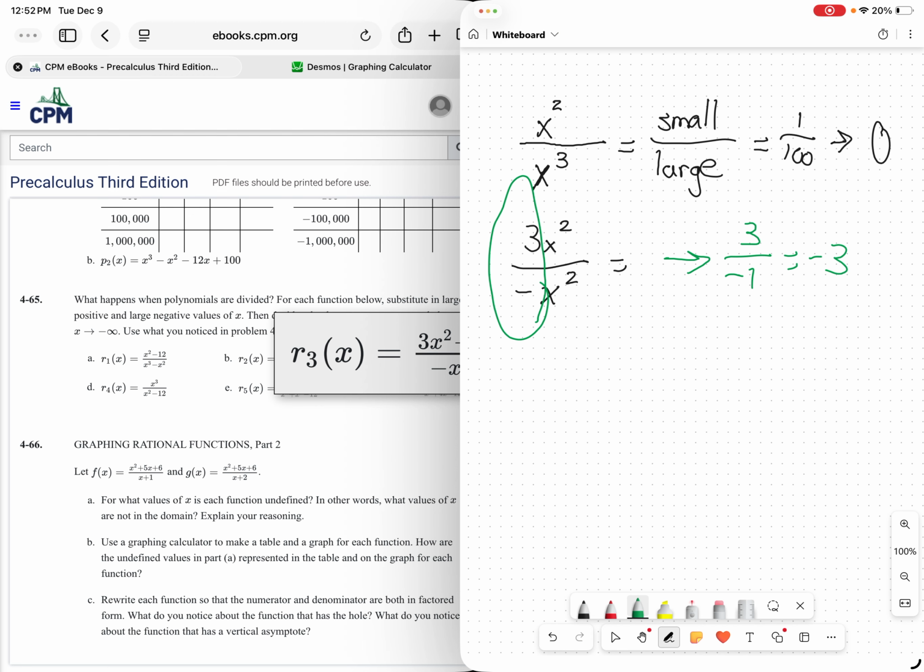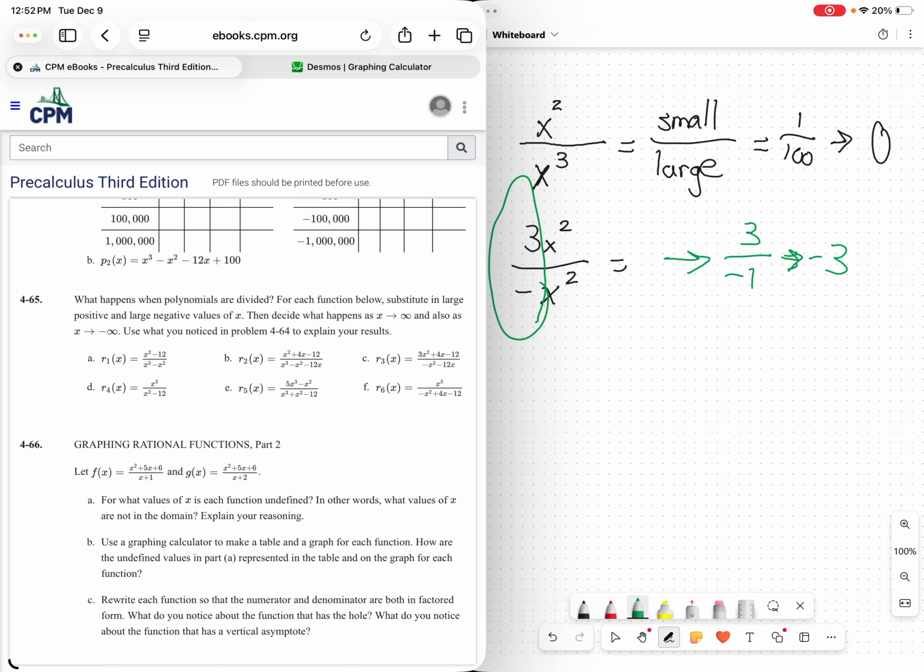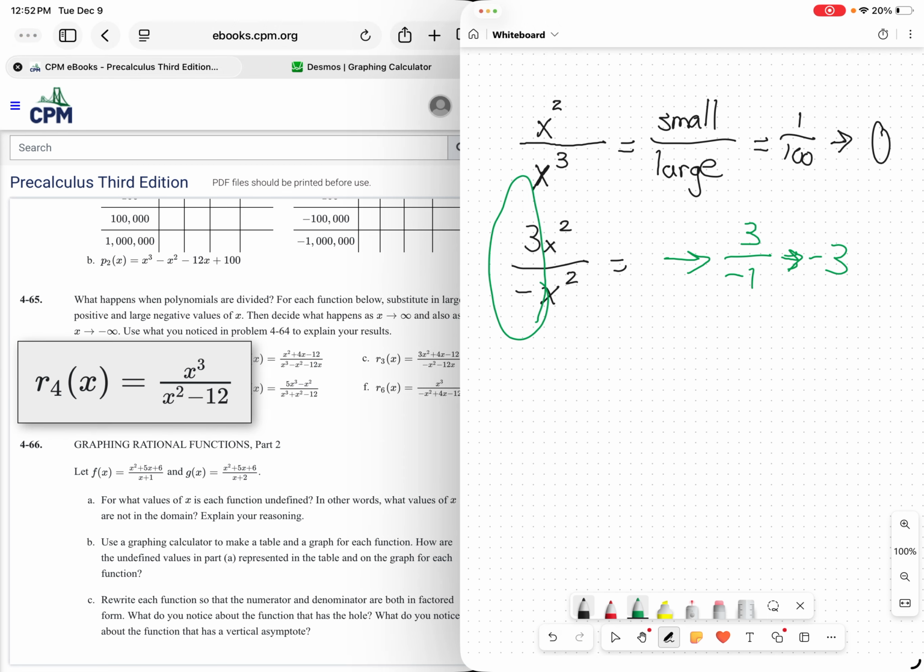And then here, when you have x cubed over x squared, you're going to have a large number over a small number. So when it's really, really large, you're going to approach infinity, or it could be negative infinity. So it could be either one there, depending on what you're plugging in, if it's really large or really small.